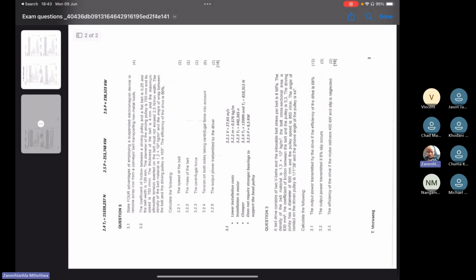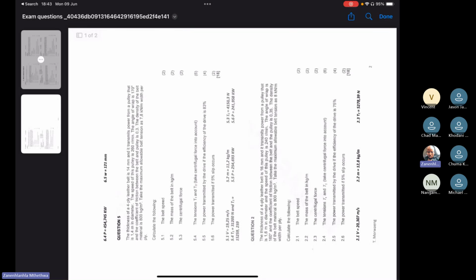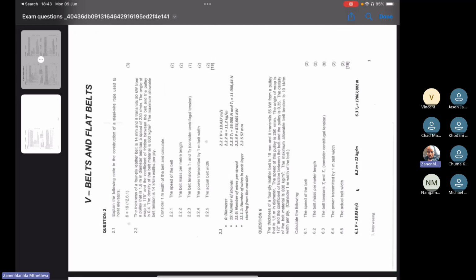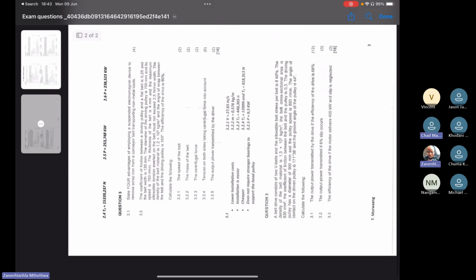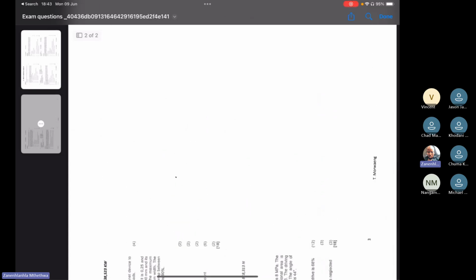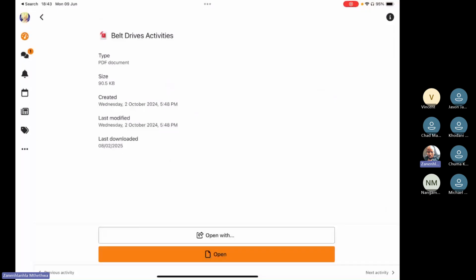But for belt drives, you do have exercises that you can go through, which are these ones here. If you are lucky, you might see one of them in the test. So just do those.